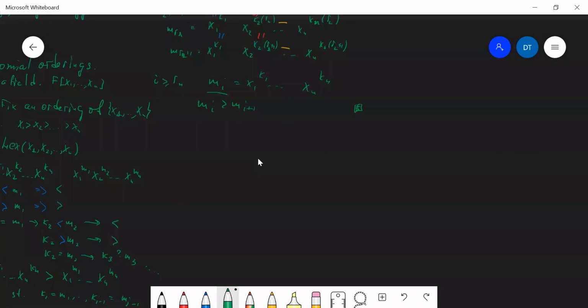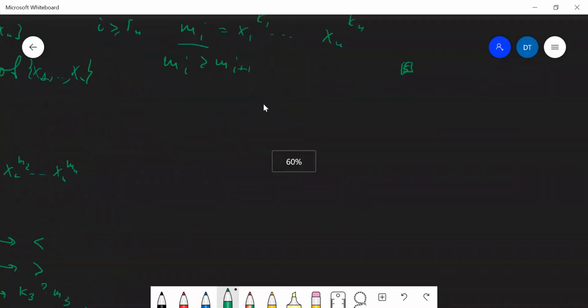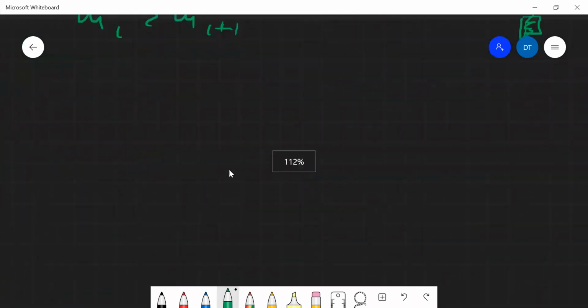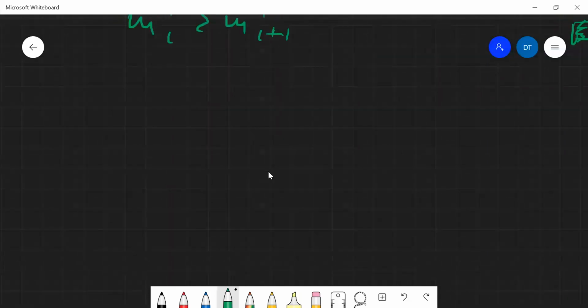Okay, but now I want to make a warning. The fact that there is no strictly descending chain doesn't mean that for any monomial there are only finitely many monomials strictly smaller than the given one. So let me clarify the remark.